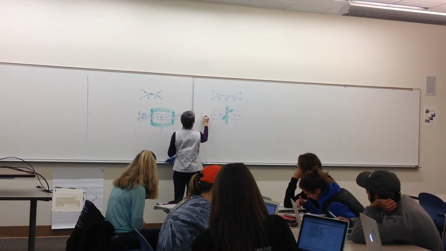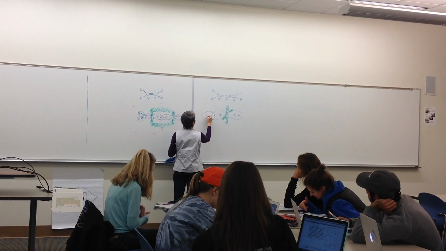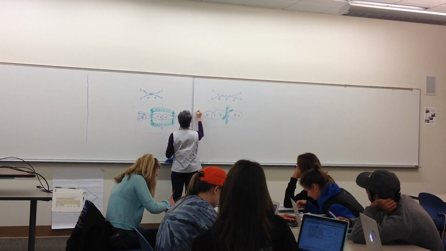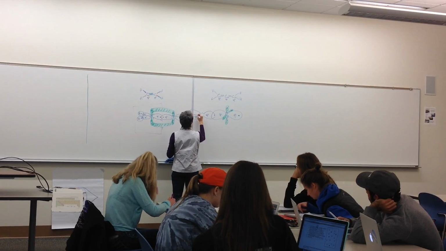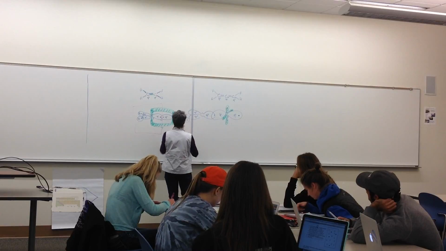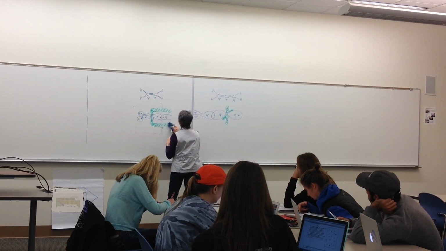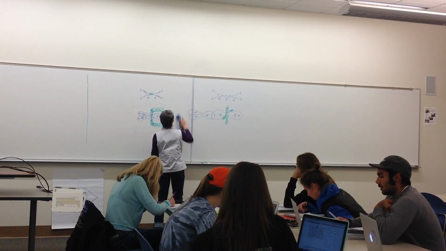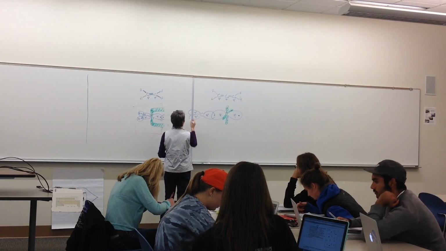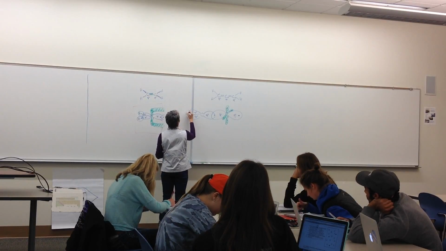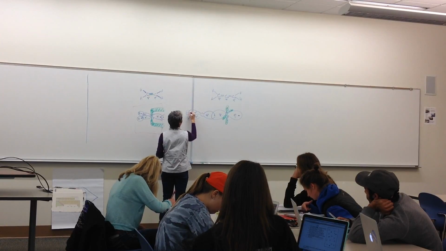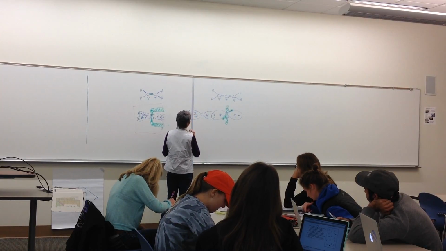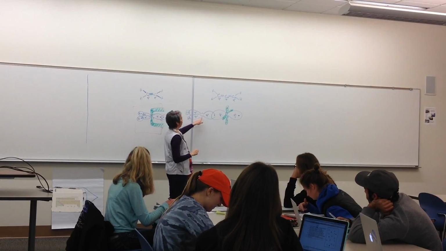So I've got carbon, here's its sp2. sp2, sp2. I'm going to erase this so that my molecules don't run into one another. And I'm going to put hydrogens out here. What else goes on this carbon?